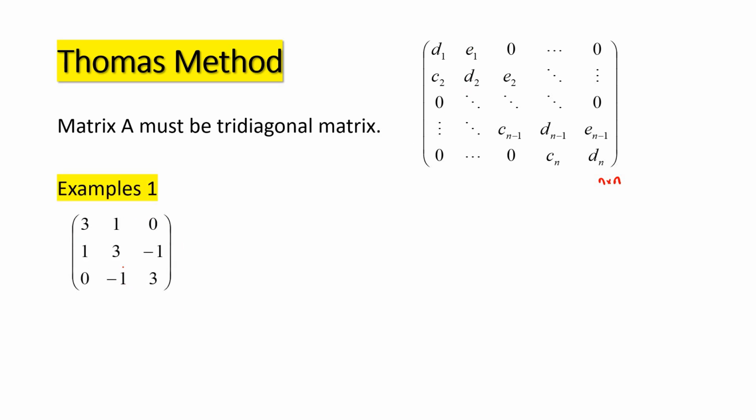Example 1 of a 3 by 3 system. For A, which is 3 by 3, you notice A31 equal to A13 must be equal to 0.